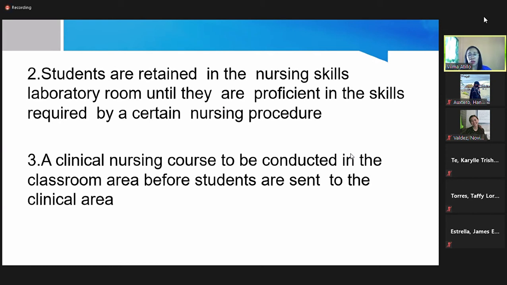We conduct classroom discussion before you are exposed to the ward. For example, in the DR, your theoretical knowledge is done when you are in the second year, first semester.